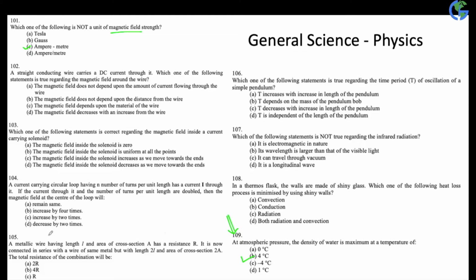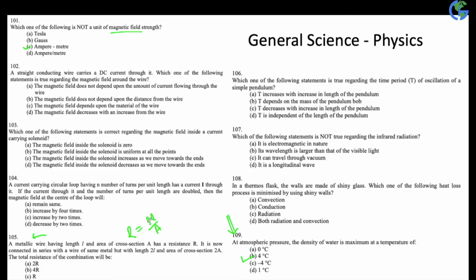Just say you see this question: a metallic wire having a length L and area of cross section A has a resistance R. It is now connected in series with the same metal with length 2L and area of cross section 2A. So the combination is asked, so you need to know this formula that resistance is given by rho L by A, right? Rho L by A, rho is resistivity here.